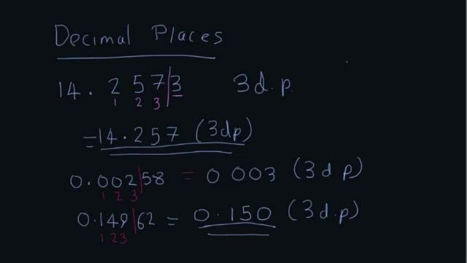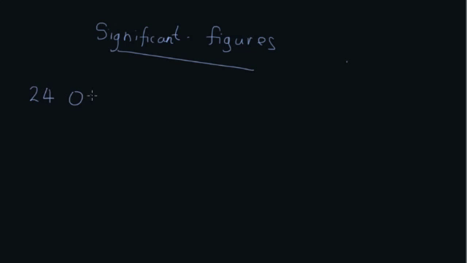So just clear the screen. So now we're going to do significant figures. Now, say we had a number 24,000 and we had 305,000.